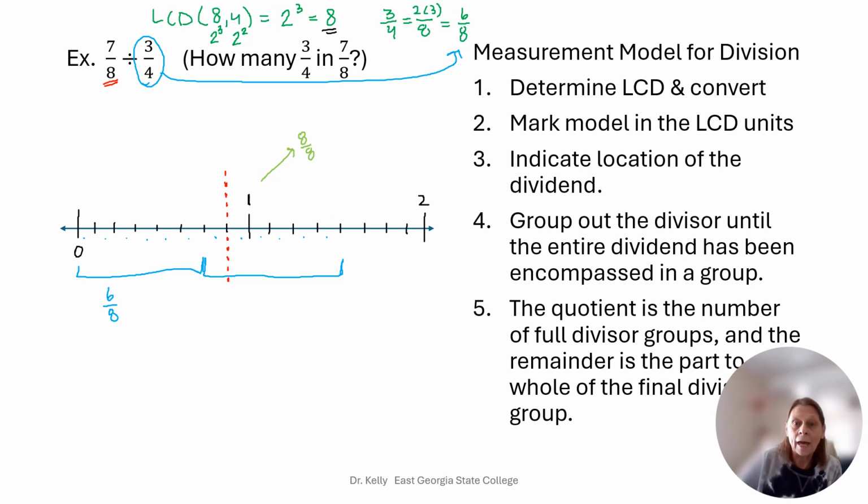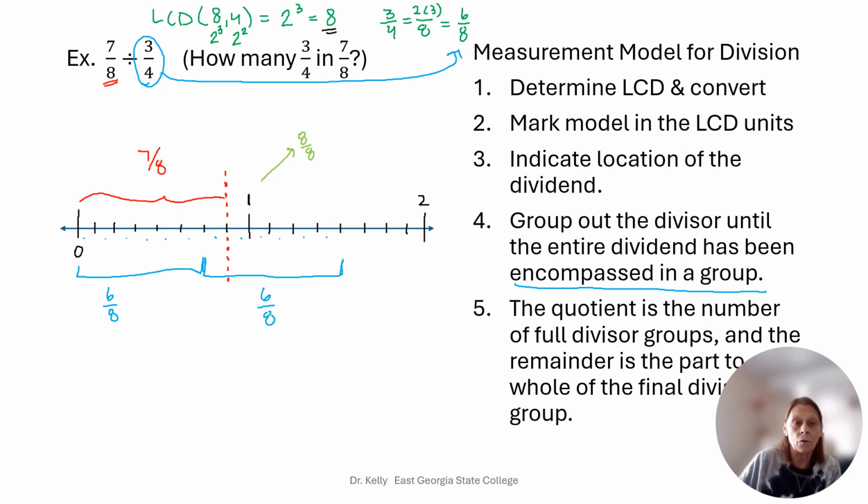Now, we have encompassed the entire group. This one group of 6/8 didn't do it. It took 2 groups of 6/8 to cover the entire 7/8. So that's our entire 7/8.